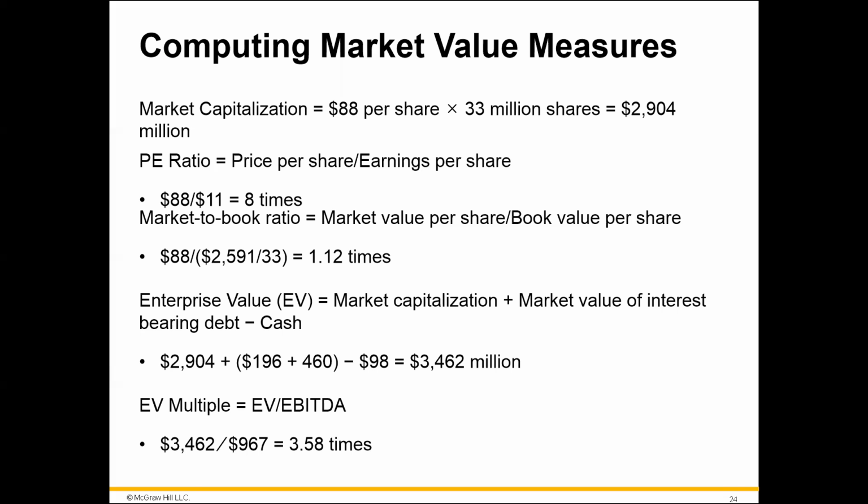That means the shares sell in the market for about 8 times earnings, right? So a P/E multiple of 8.